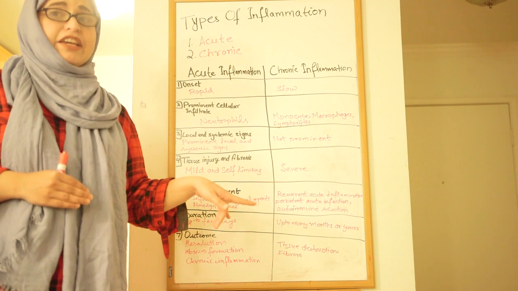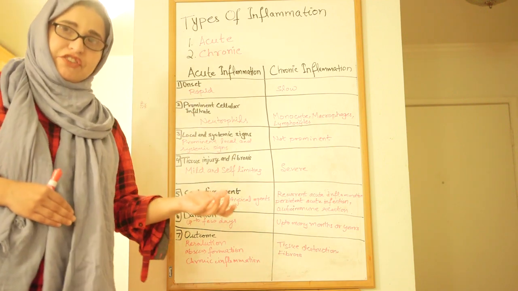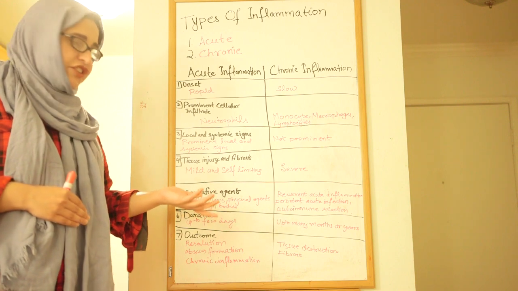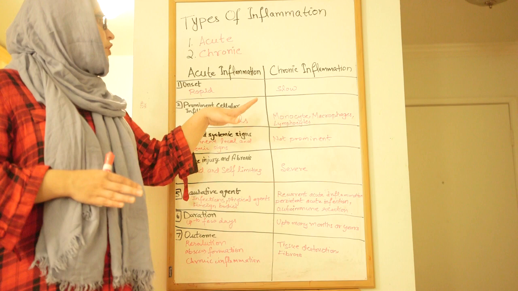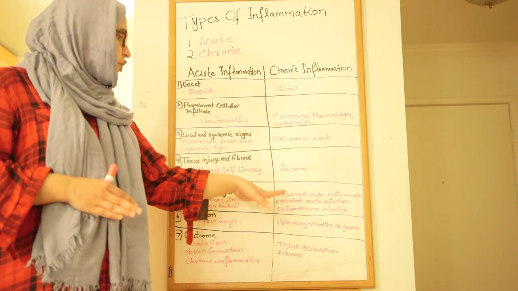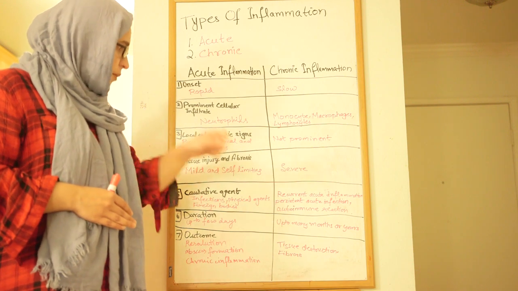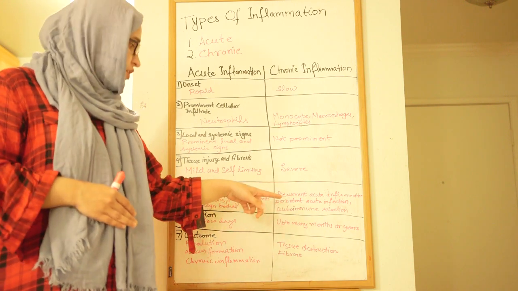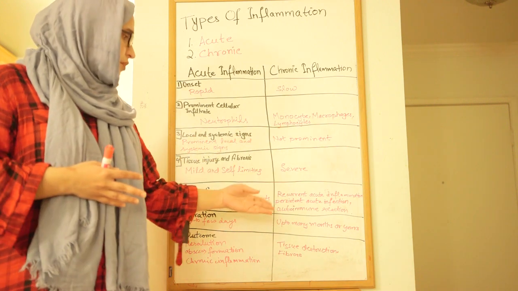The causative agents of acute inflammation are infections, physical agents, foreign bodies, etc. Chronic inflammation occurs due to recurrent acute inflammations, persistent infections or autoimmune reactions.